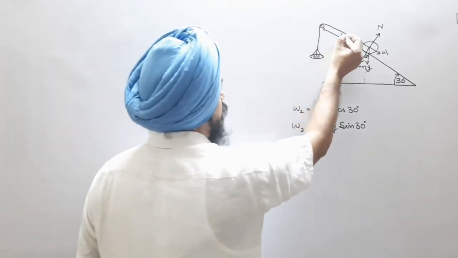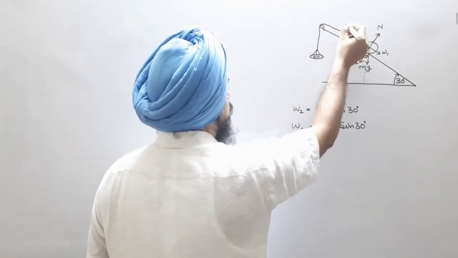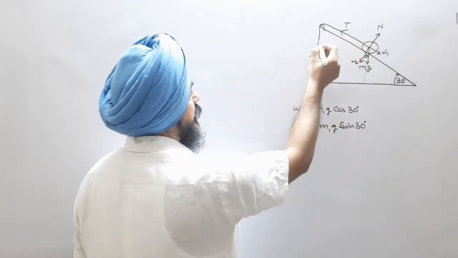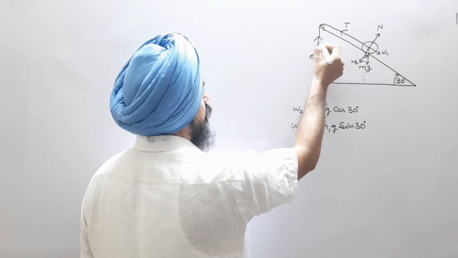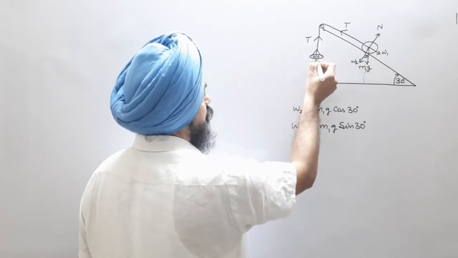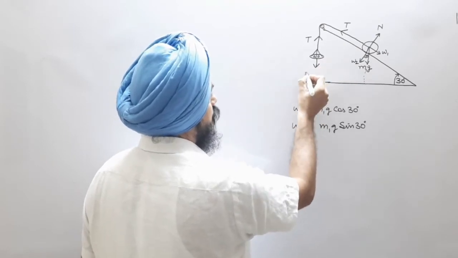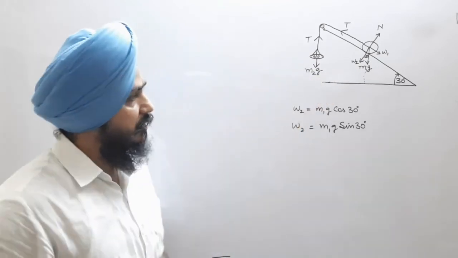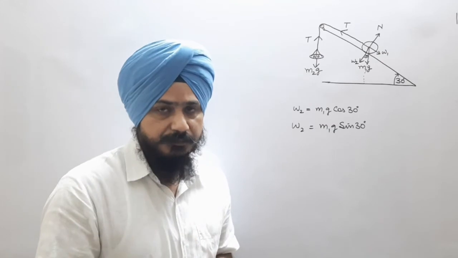Now, as we have discussed earlier, a tension T will be towards the pulley, and here also the tension T will be towards the pulley. The weight of the pan will act downward. Let it be m2g. Now we will consider two cases.